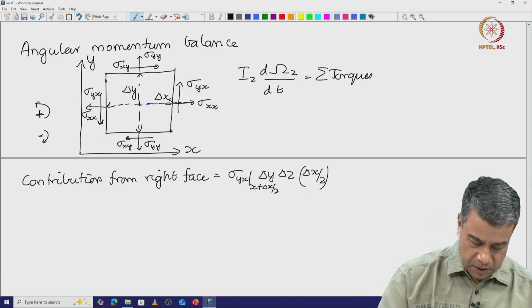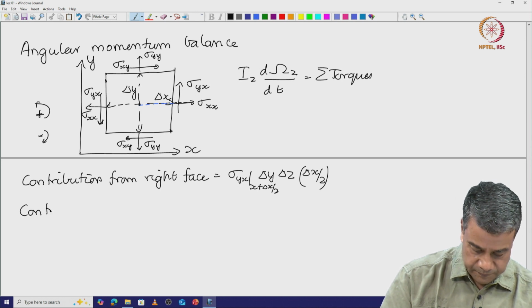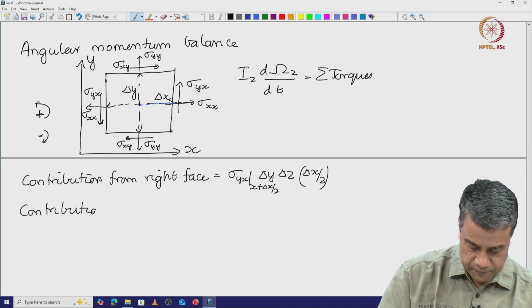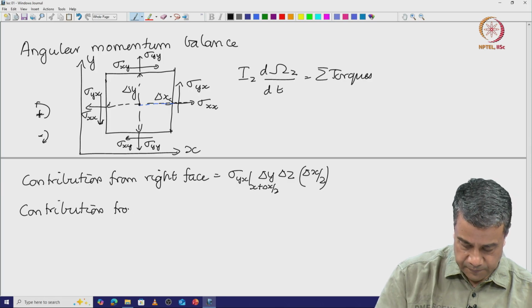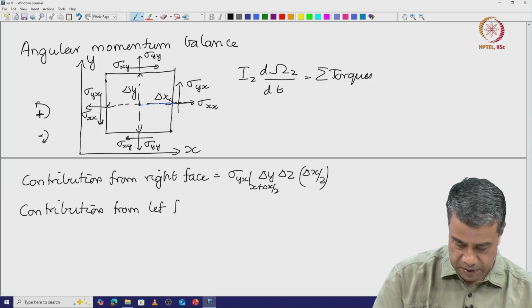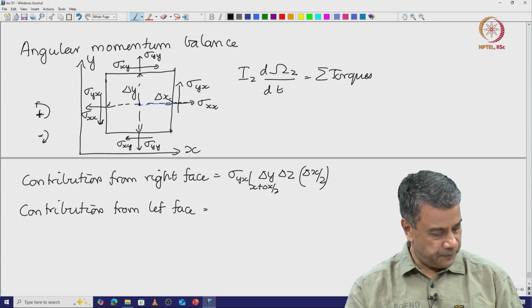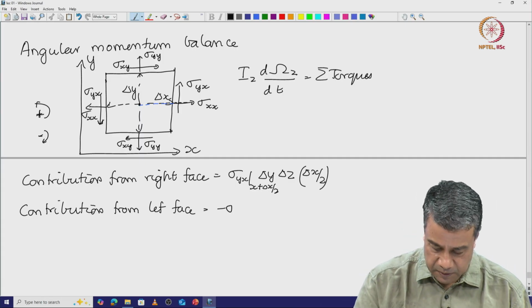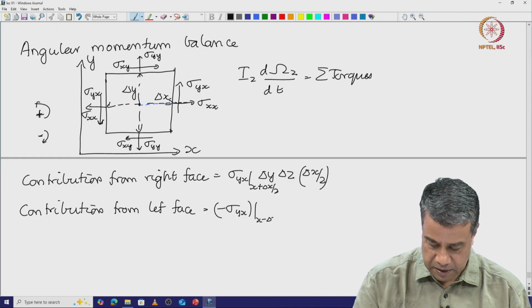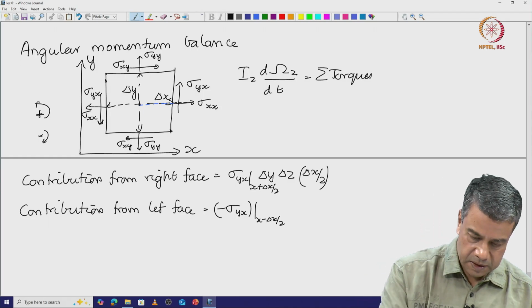Contribution from left face. Force is minus sigma yx at x minus delta x by 2. That is this force.